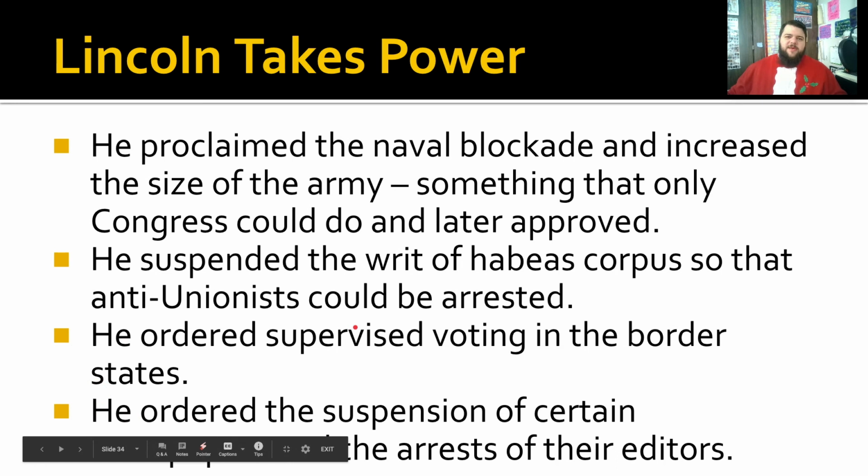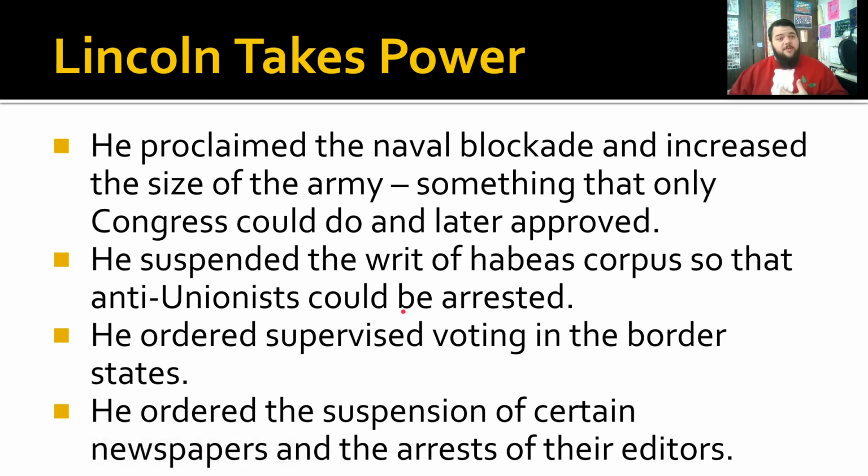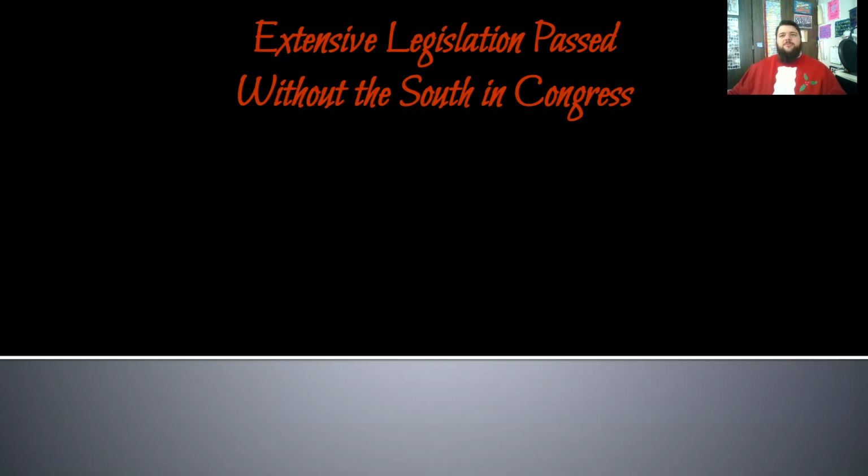Also, suspension of certain newspapers. Again, we have freedom of the press. And he says, yeah, we're not doing that. You start writing bad stuff about us, you're done. And arresting editors for writing anti-union things. Something he can't do according to the Constitution.